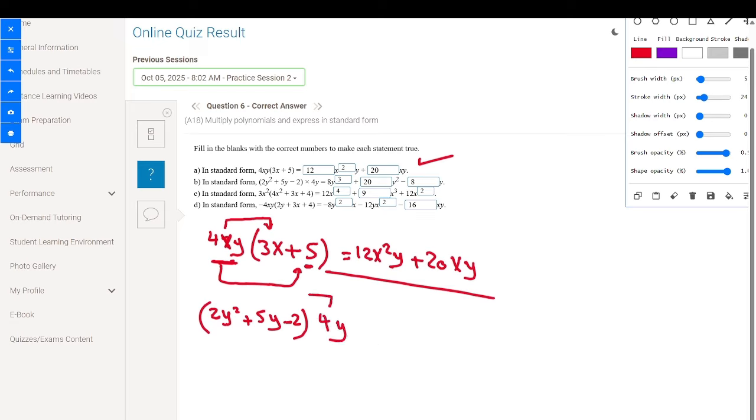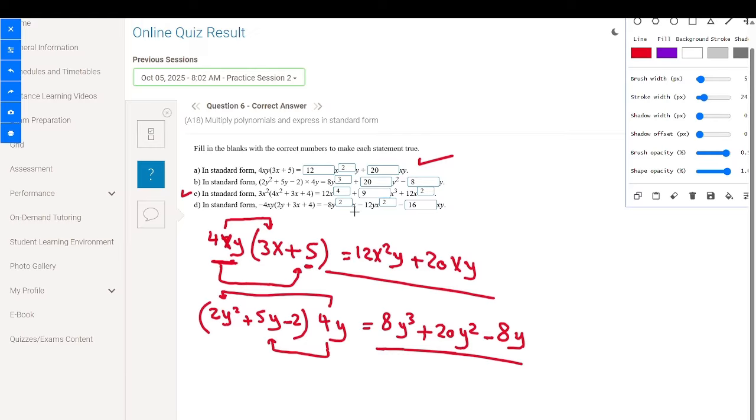Same thing, 4y will multiply with 2y squared, so it will be 8y power 3. 4y multiply positive 5y will be plus 20y squared. And 4y multiply minus 2, positive multiply minus is minus, 4 multiply 2 is 8, and y. Okay?